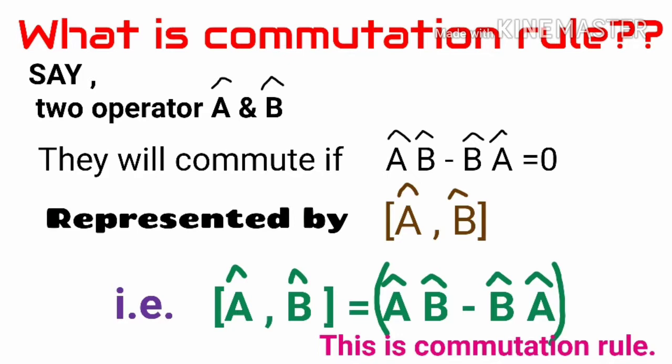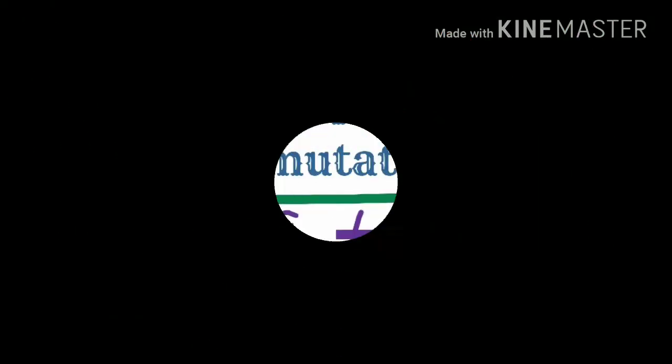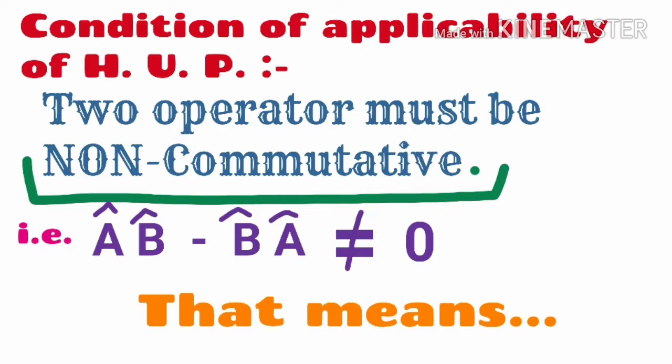It is also represented in square brackets as [a cap, b cap], that is, [a cap, b cap] equals a cap b cap minus b cap a cap. The condition of applicability of the Heisenberg uncertainty principle is that the two operators must be non-commutative. That is, a cap b cap minus b cap a cap is not equal to 0. This should be the condition.